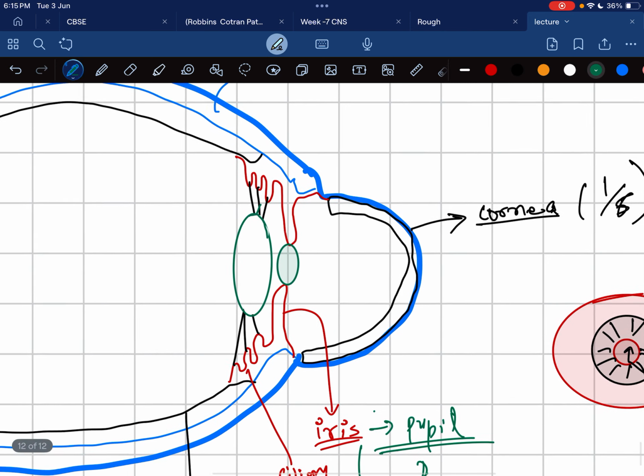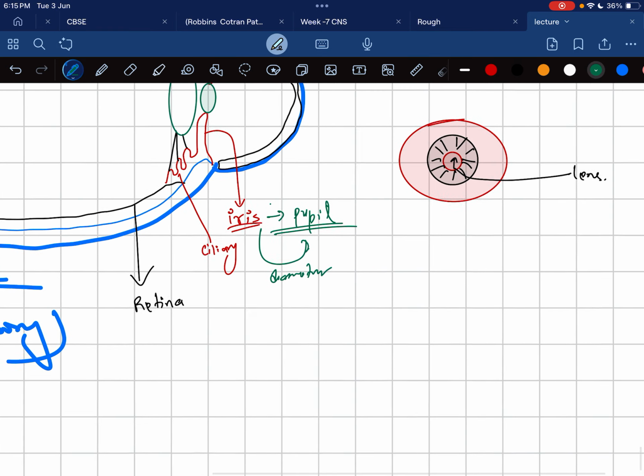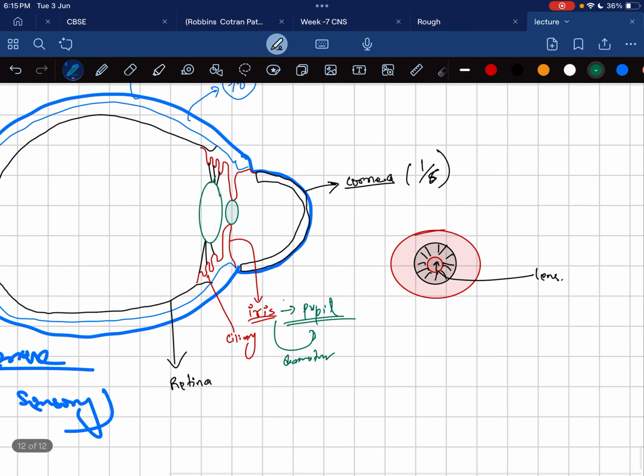The lens becomes flat or spherical by this ligament. When the ciliary muscle contracts or relaxes, it controls the change in the shape of the lens. That helps in accommodation.